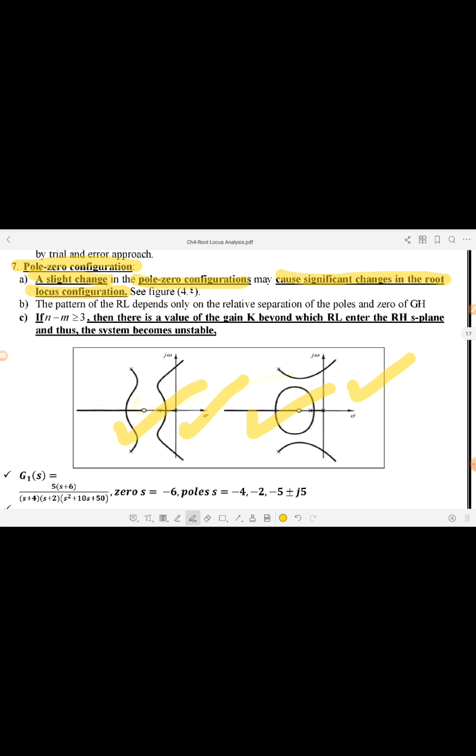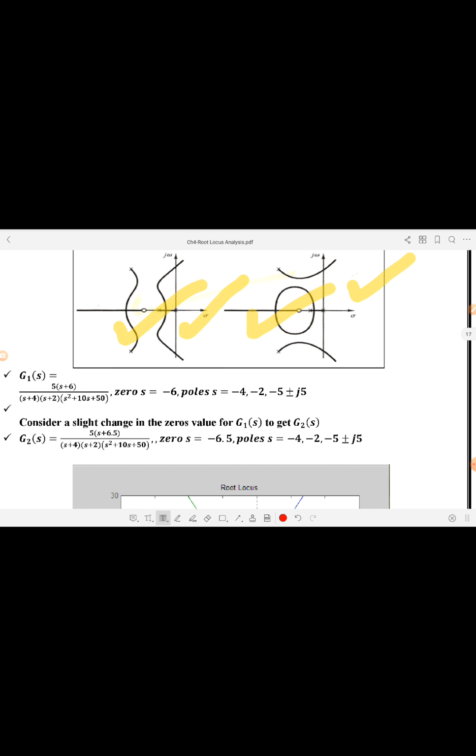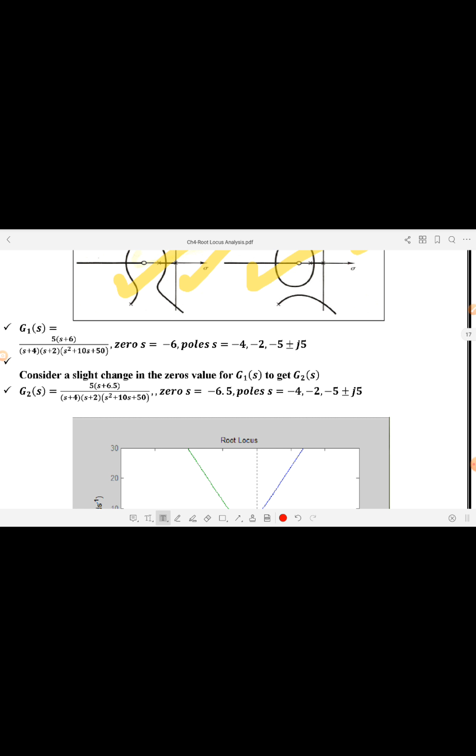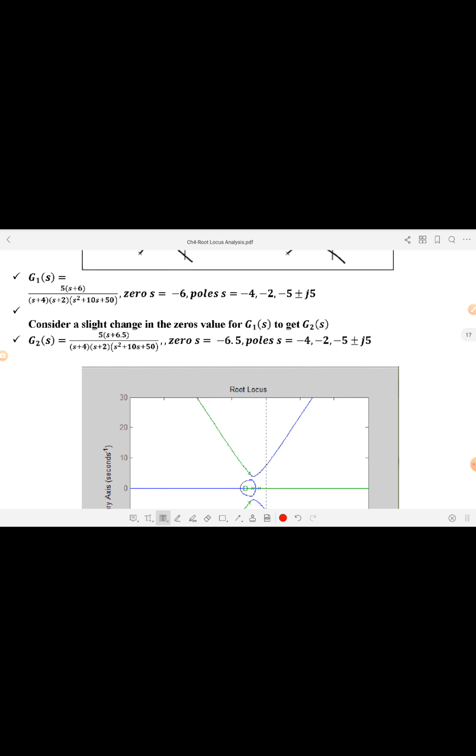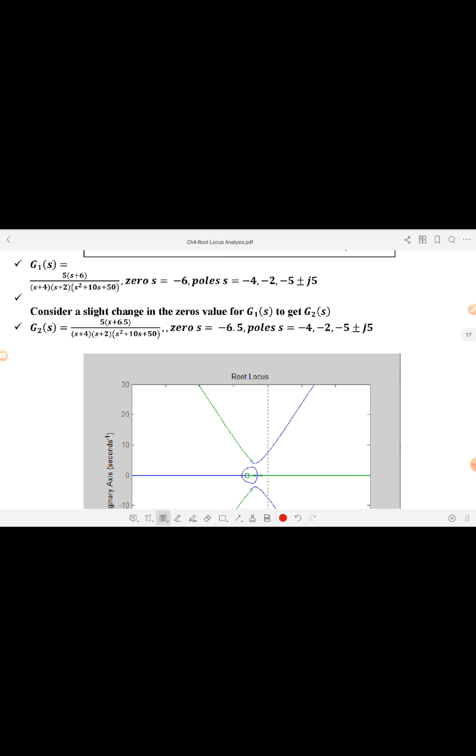And if we need to go to the details and show the exact numbers, we assume that G1 is equal to this, and G2 is equal to this transfer function. The only difference between G1 and G2, if you pay attention, is the simple real zero here.